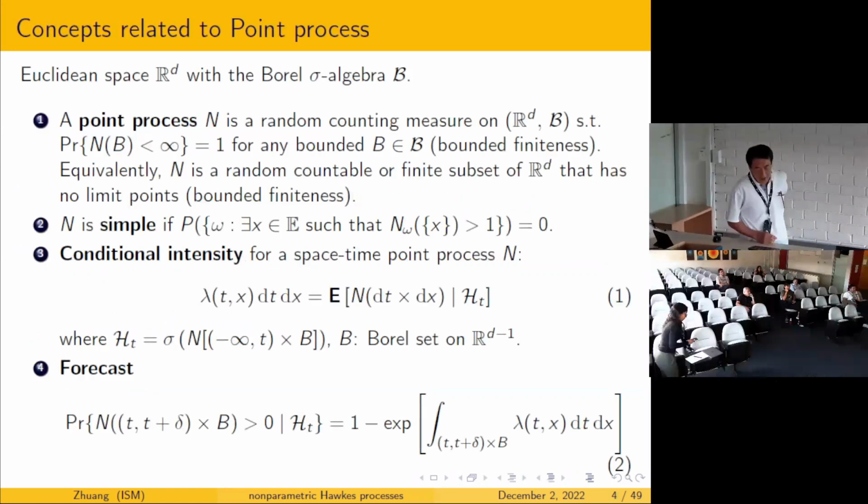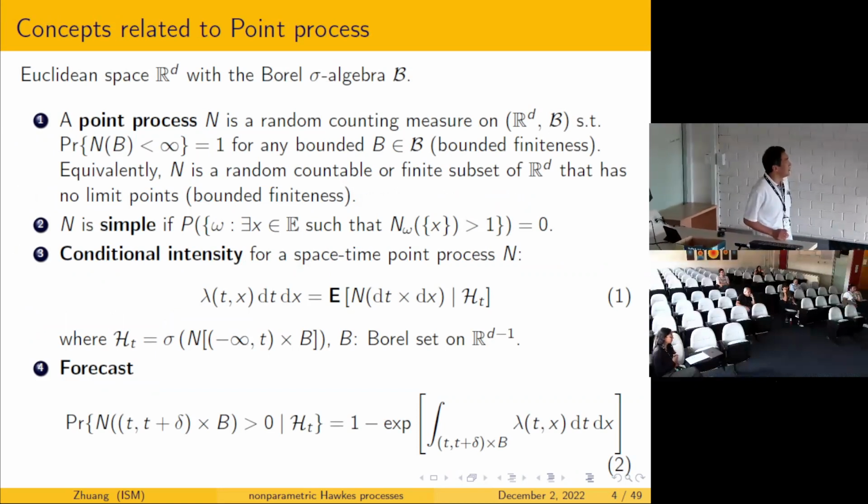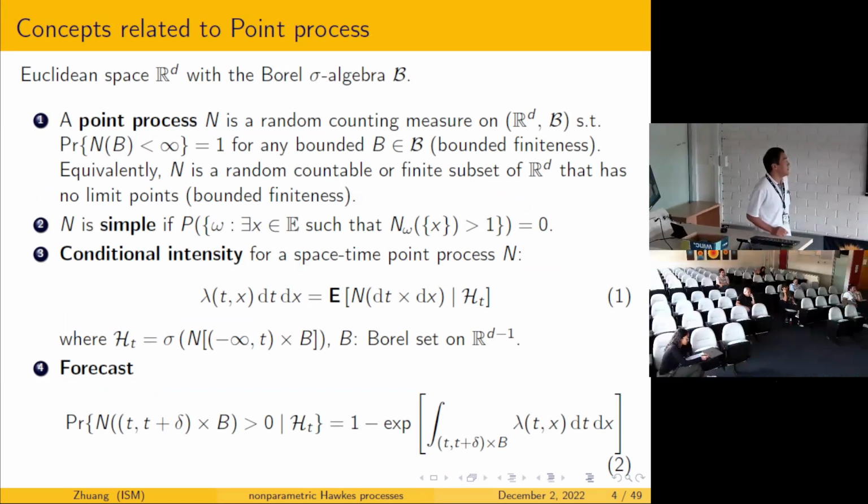So let me start from the concepts related to point processes. A point process is usually defined as a random counting measure over Euclidean space equipped with a Borel sigma algebra.